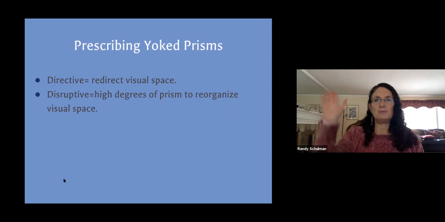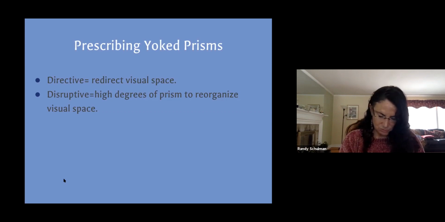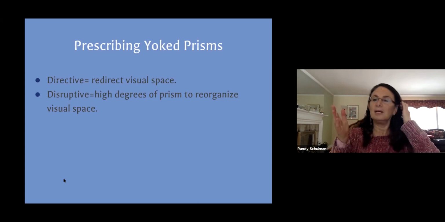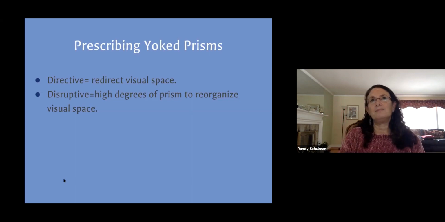So the converse would be, and it also depends on if you're seated or standing. For example, I had a patient in a nursing home, and he was kind of like this after a stroke. I gave him base up, and he came up. When you have base up prism on, it's going to shift things down and forward.